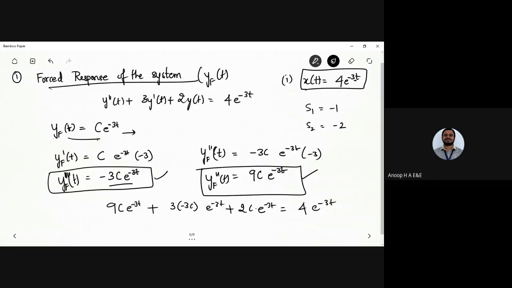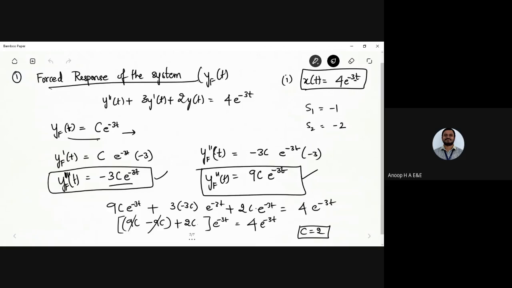Now again the same steps: 9c minus 9c plus 2c, times e power minus 3t, equal to 4 times e power minus 3t. The 9c cancels, so on comparing, the value of c is equal to 2.